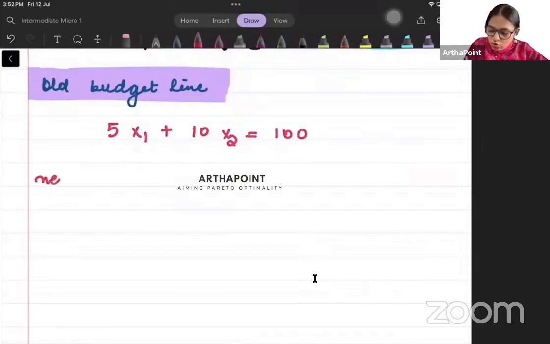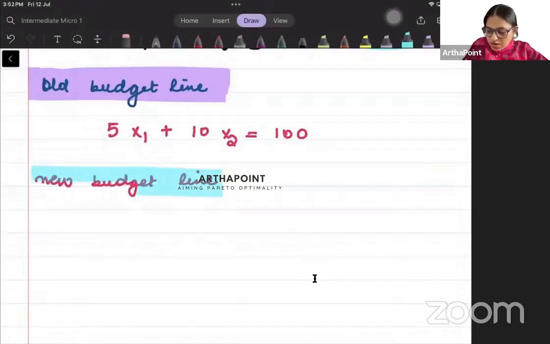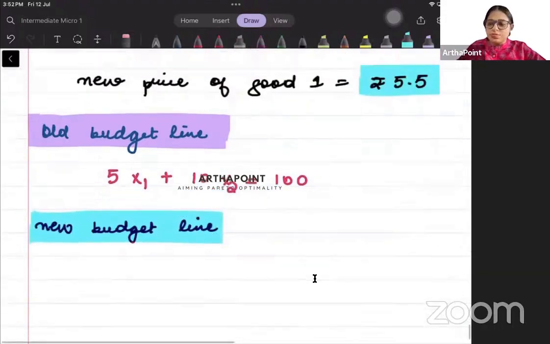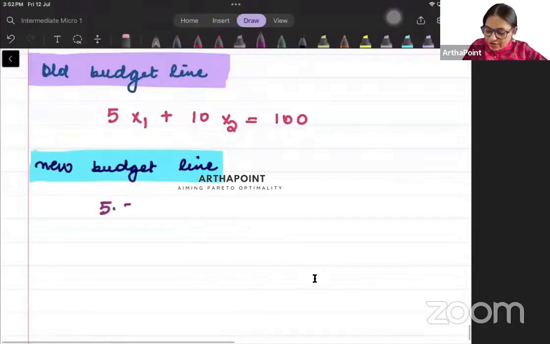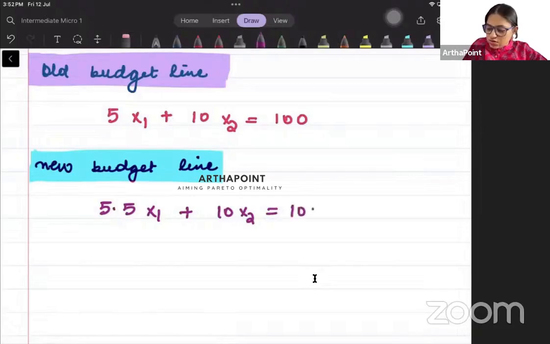And what will be your new budget line, beta? New price is what? New price is 5.5 good 1 का. तो 5.5 X1 plus 10 X2 equal to 100. Clear?